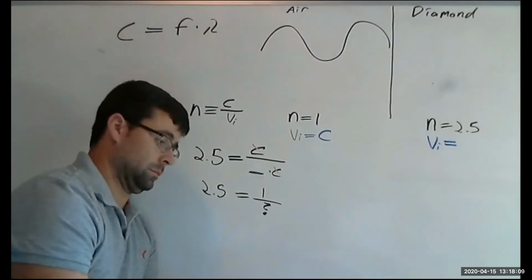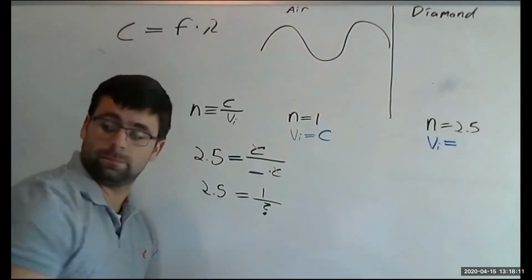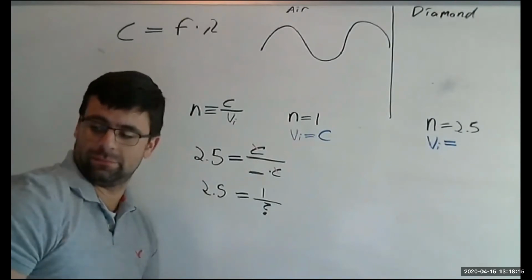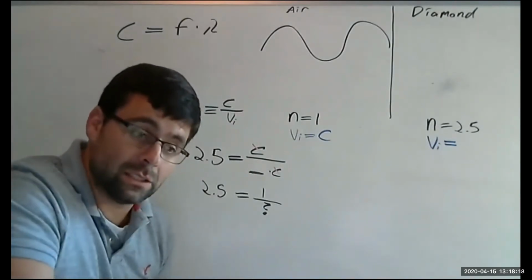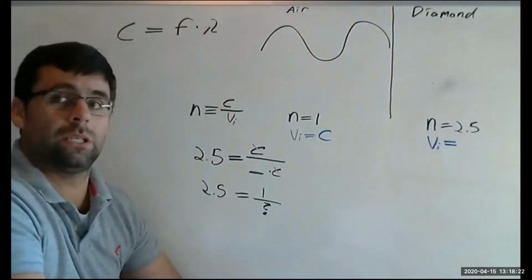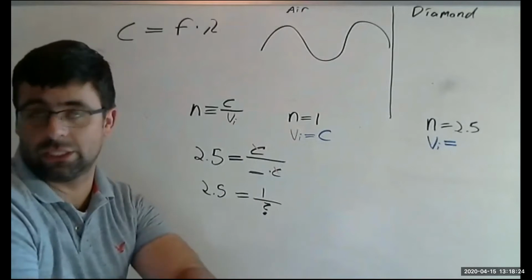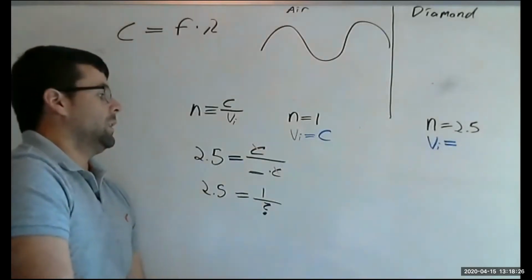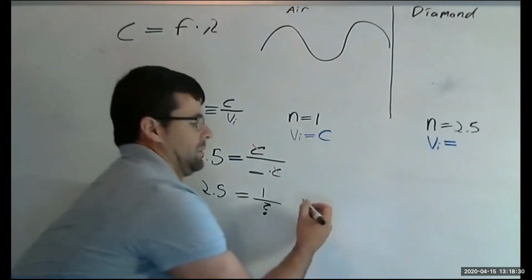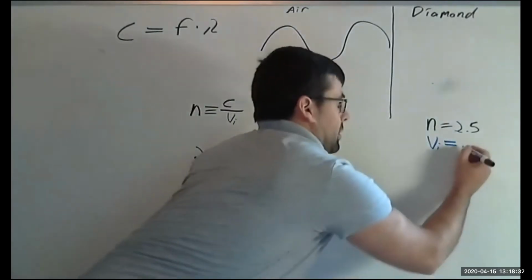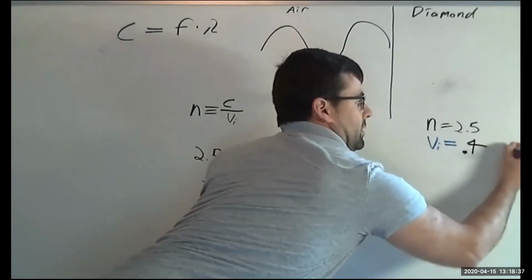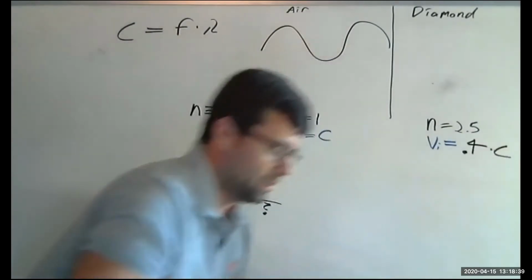Whatever c is, the c canceled. So it's about 0.4 c.